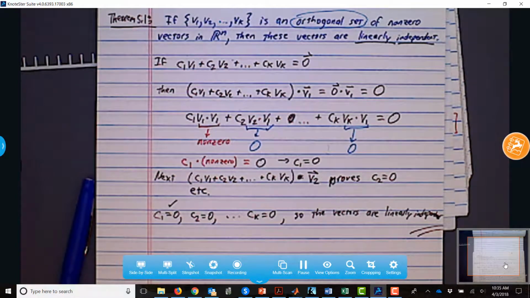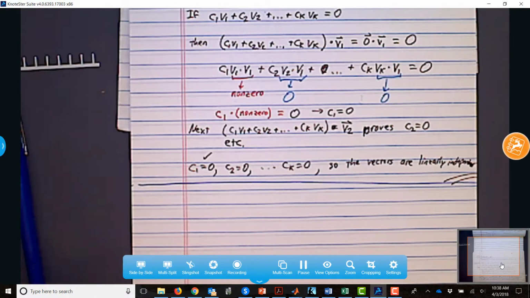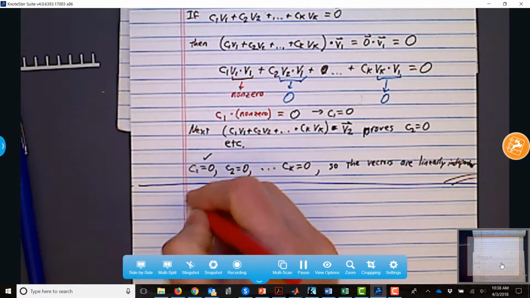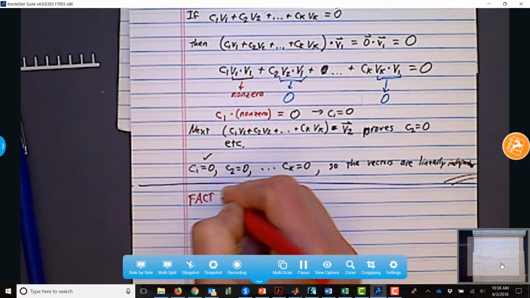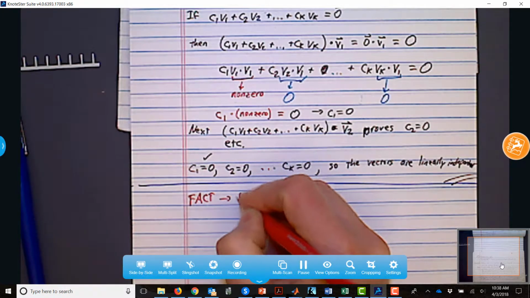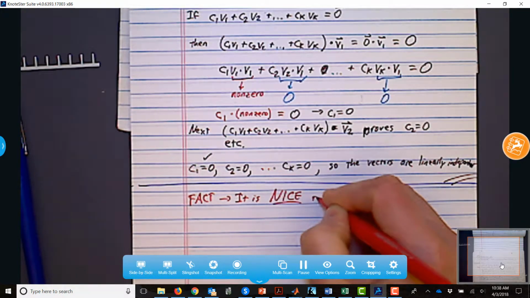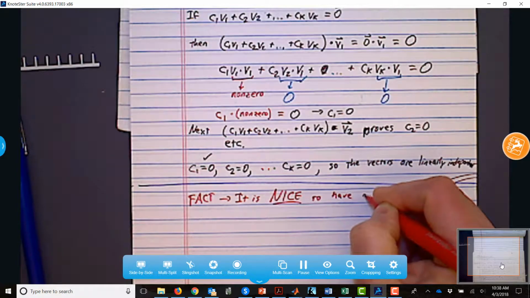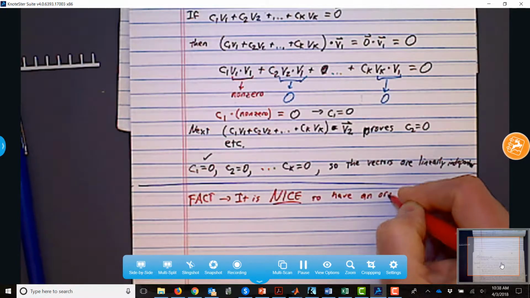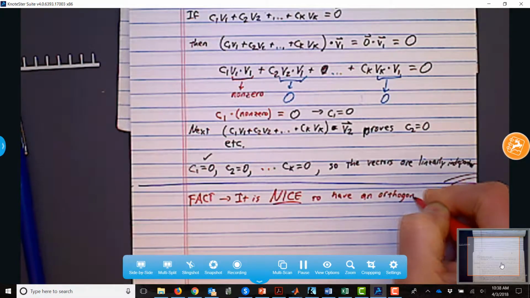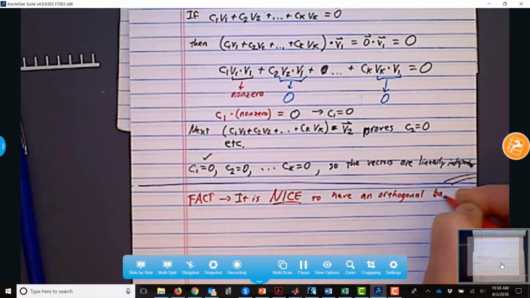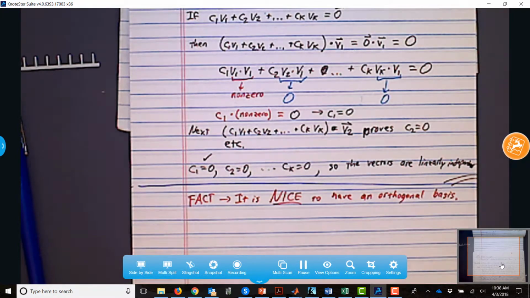So I wanted to make sure I showed you that. Fact: it is nice to have an orthogonal basis. Now that's an opinion, right? Nice. But we're going to see it's a fact.